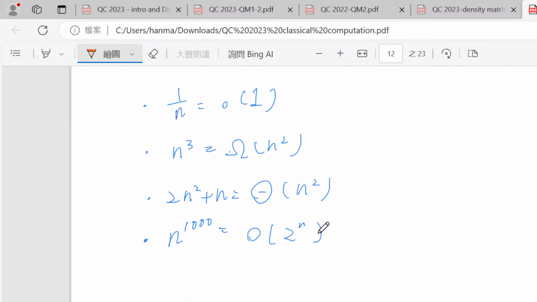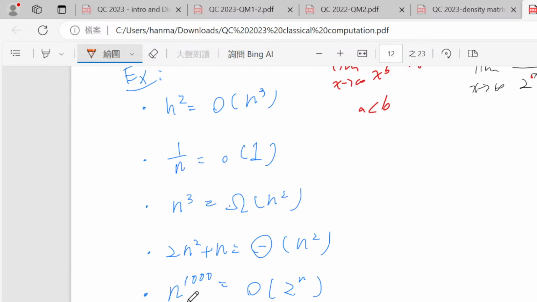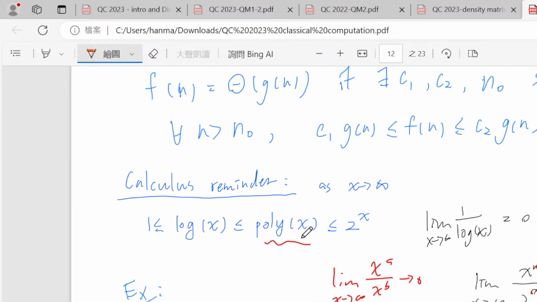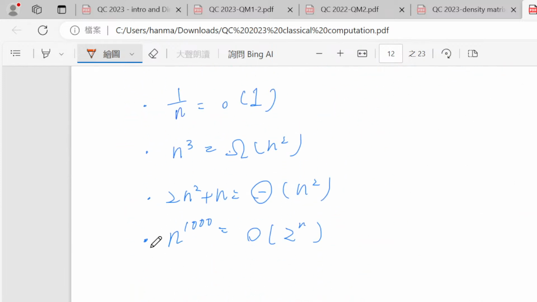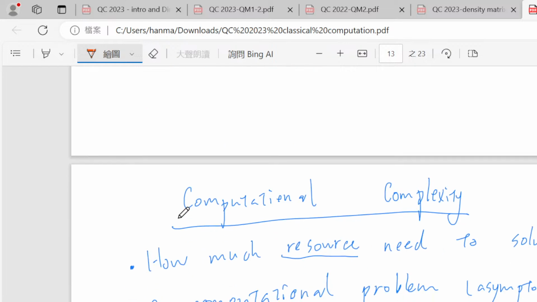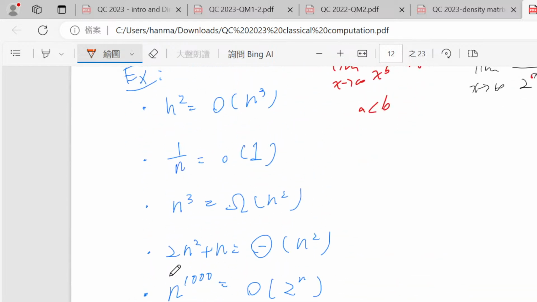In practice, n to the 1000 might be something really big, but in theory, we say anything polynomial is efficient. Although we haven't talked about computational complexity, so we haven't said what n to the 1000 refers to. But anyway, that's the big O notation.